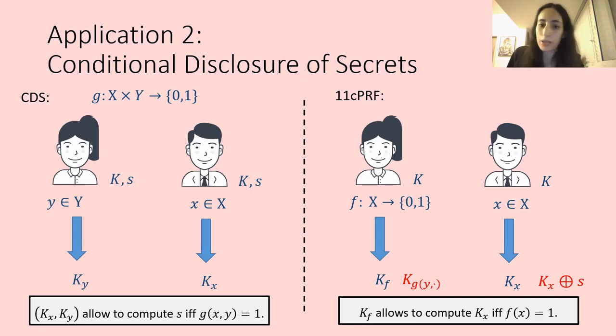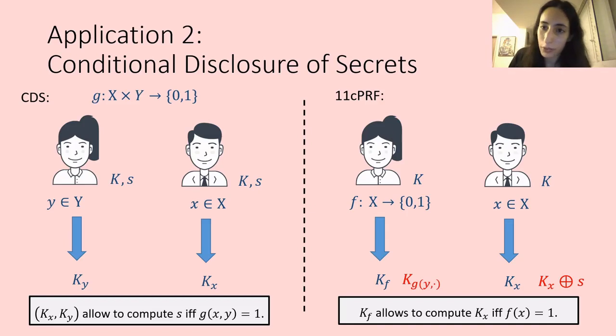So now, given those two values, which are denoted in red on the slide, if x satisfies g with respect to y, which means that if g of y and x equals 1, then given this k for g and y, it is possible to reconstruct k sub x, and then given the value that we received from Bob, we can learn S by XORing it with k sub x.